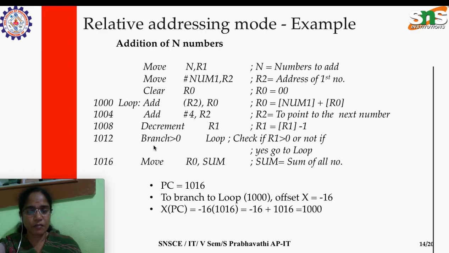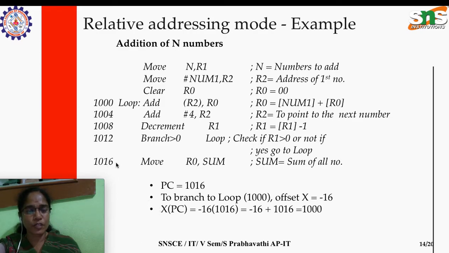But if the condition is satisfied, PC has to be altered to 1000. So from the current value of PC we need to subtract 16, and that is done by means of relative addressing mode. X(PC), where the offset is minus 16, because the branch is moving upward. Sometimes the branch will also move downward, but here it is moving upward.